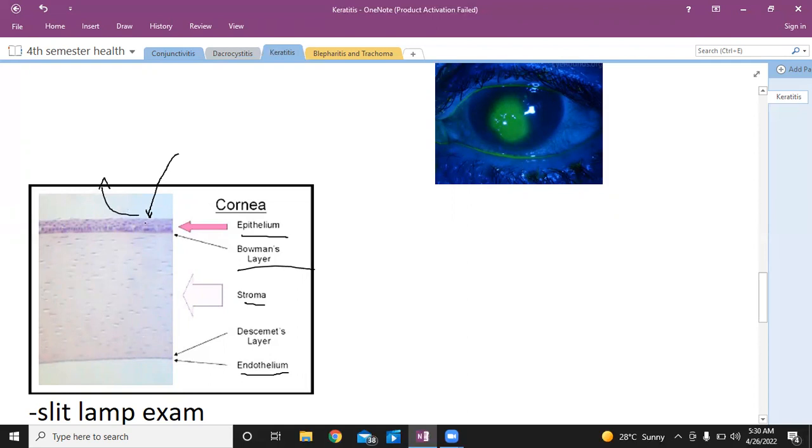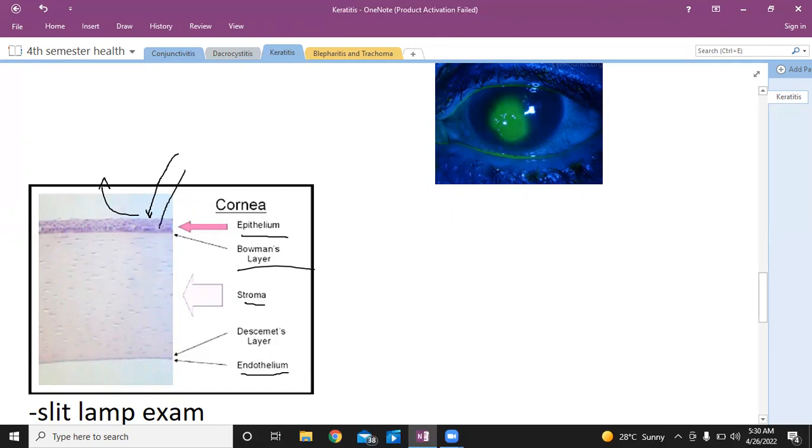So the epithelium cannot hold this green stain. But once this epithelium is shredded off, scraped off, and then Bowman's layer is exposed.